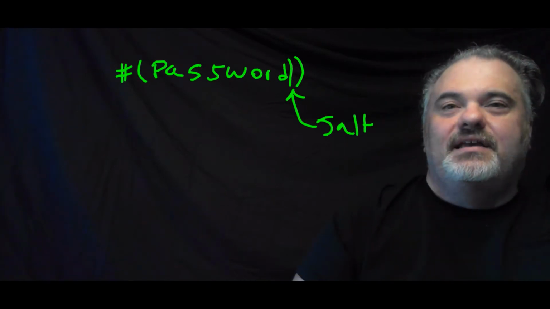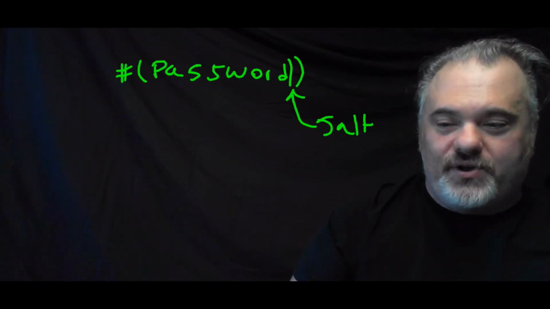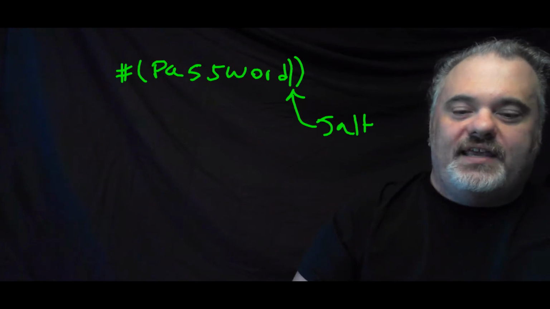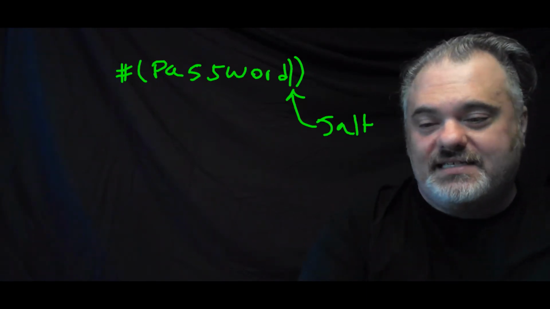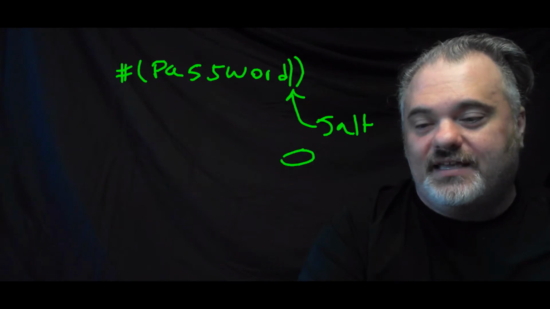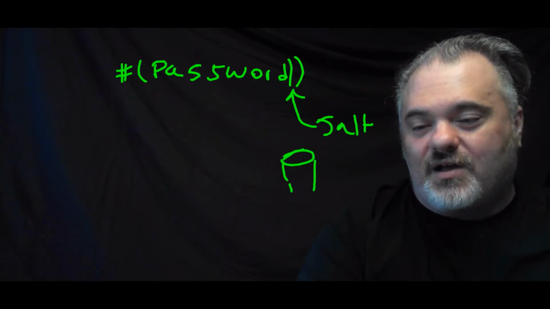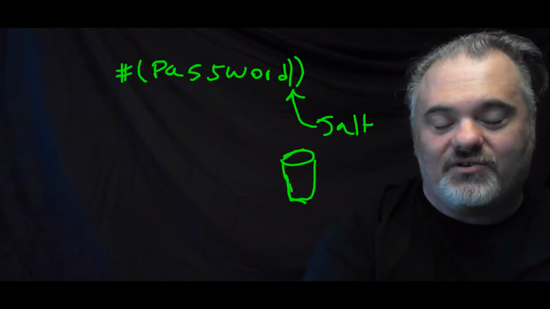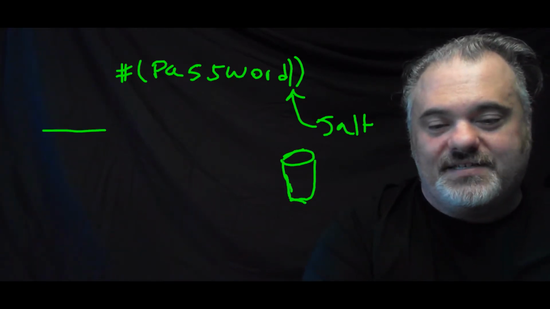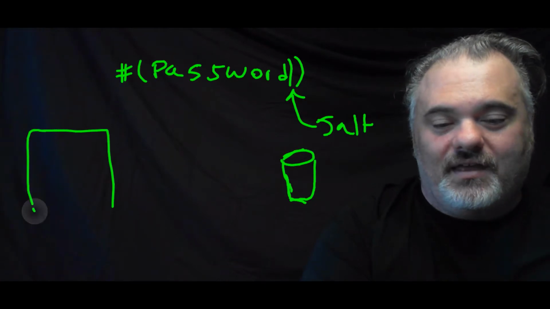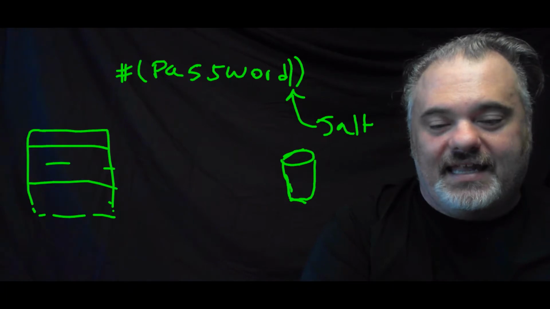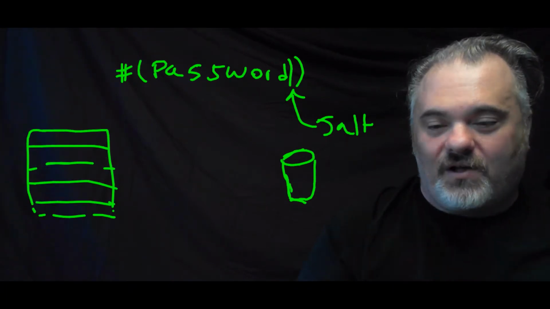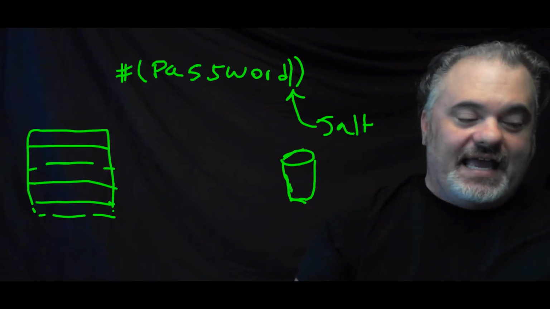So this does two things. One is it prevents what's called pre-computing. So if an attacker is going to break into a system, one of the things they can do is, before they go in and try and compromise the server, if they know what password hashing algorithm the system is using, they'll make a table of commonly used passwords, and they can run the hashes of all of those passwords ahead of time.